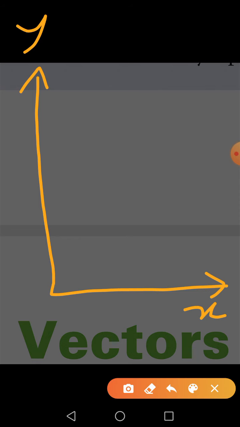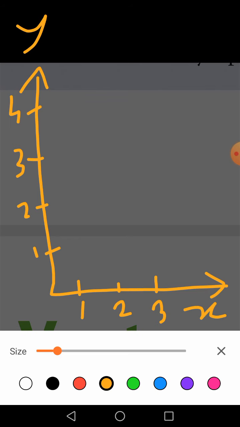Okay, so on the x axis, this is 1, this is 2, this is 3. Okay, this is 1, this is 2, this is 3, this is 4. So for example, consider that here is one coordinate point, and here we have another coordinate point.